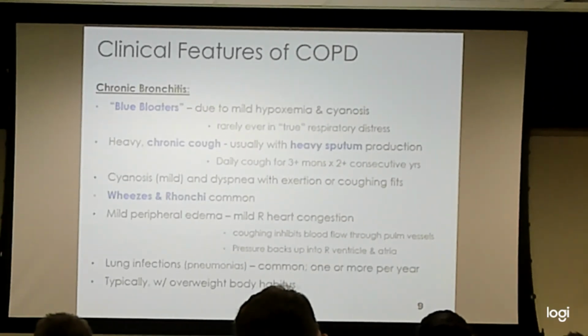Maybe we actually set hypoxia ranges differently for COPDers. 92 and above, we usually go down more to 88 with our chronic COPDers, because that's where they really live. So they're always mildly hypoxemic. They always have kind of a bluish tone to them in these later stages, especially if they keep smoking.